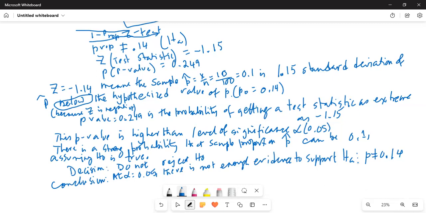Hence, in that case, we would have rejected the null hypothesis. But in this case, the p-value is pretty high compared to alpha. Therefore, we do not reject the null hypothesis. That is the decision.